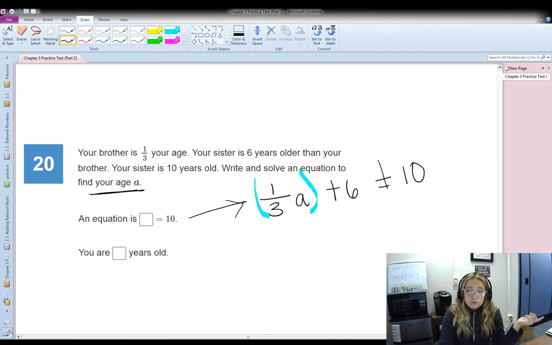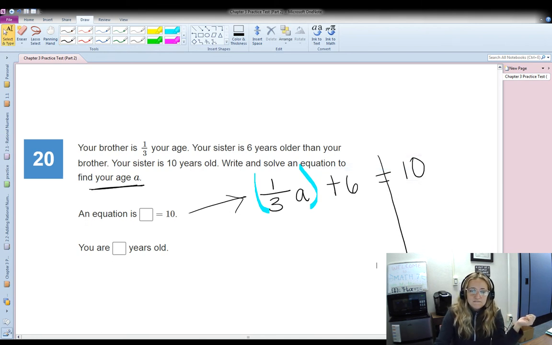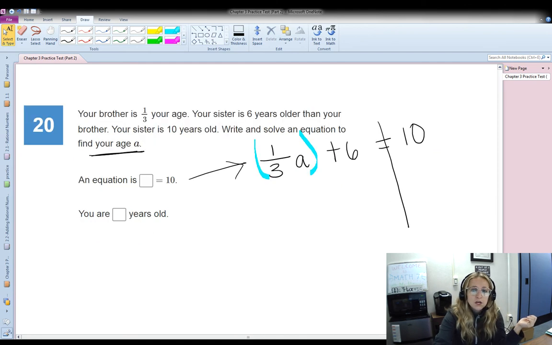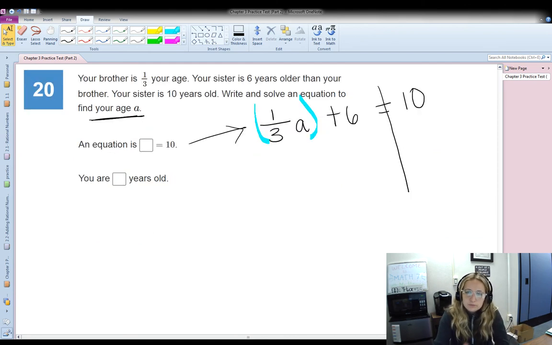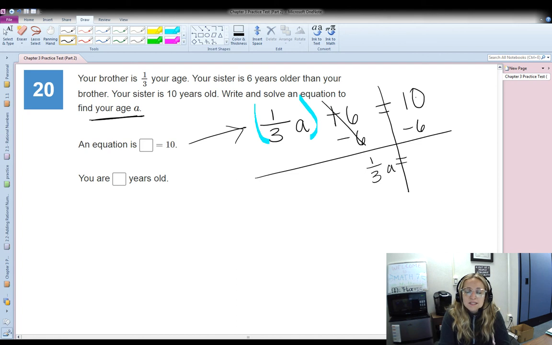Then we need to solve for A. So again, deal with the detached things first. So we are going to subtract 6 on both sides. We're going to be left with 1/3 A equals 10 minus 6, which is 4, divided by 1/3 on both sides. These cancel.